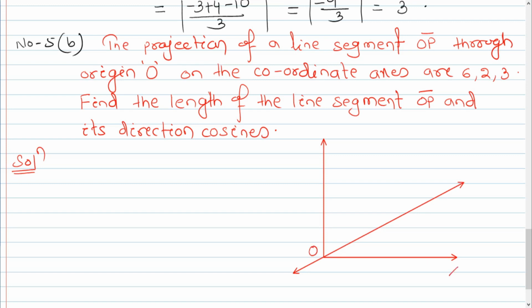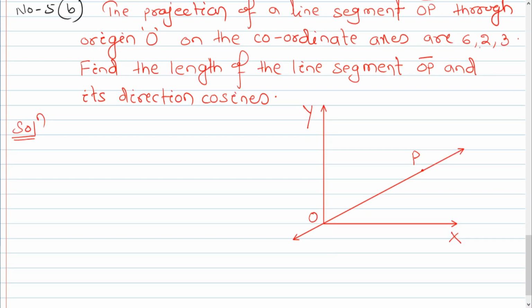This one is O on the x-axis, y-axis, and let this point be P. The projection of OP is given on the coordinate axes: 6, 2 and 3. So the projection of OP on the x-axis is 6. Drop a perpendicular from P to the x-axis. This angle is 90 degrees. This is a right angle triangle, and this part is the projection of OP, which is 6 as given in the question. So this part is 6.